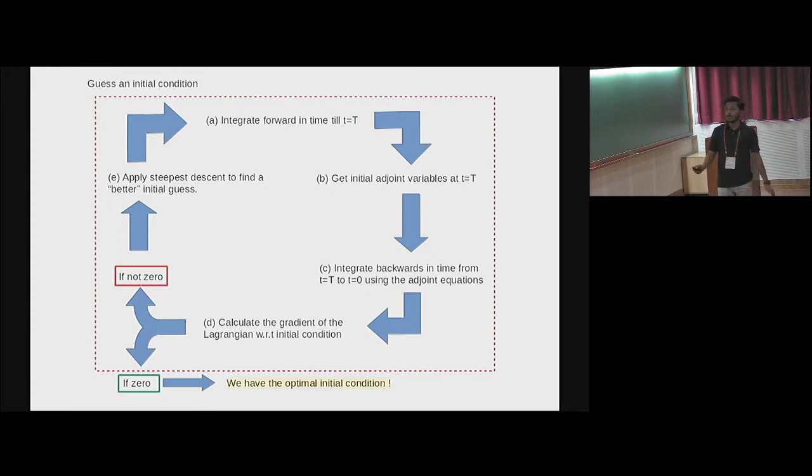If not 0, you apply a steepest gradient method, by which I mean not really only steepest descent, but probably a conjugate gradient method, or any sophisticated method that you want to apply. And then you do this loop again, and you keep on doing this loop, and after a few iterations, depending on your initial energy and many other parameters, you will come to an optimal condition.